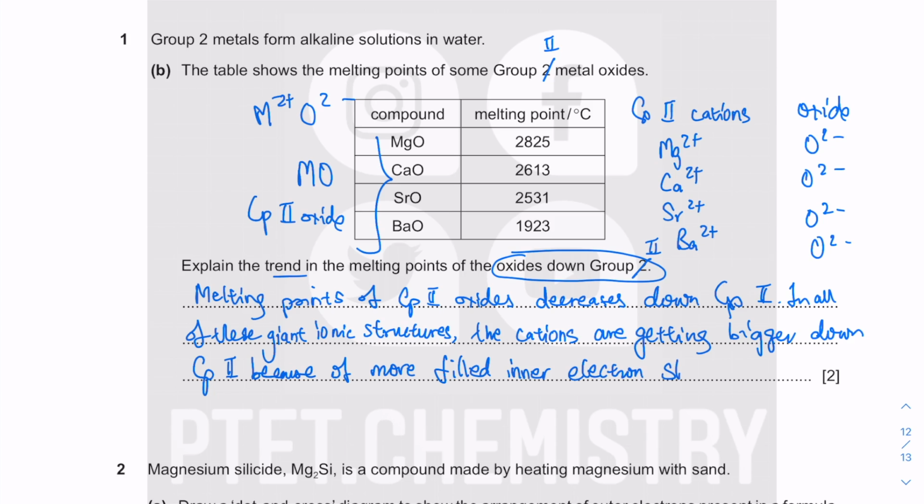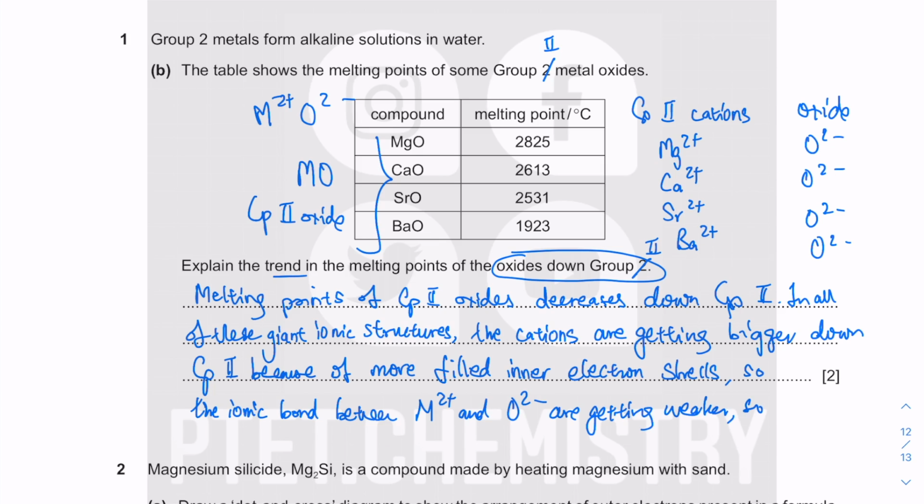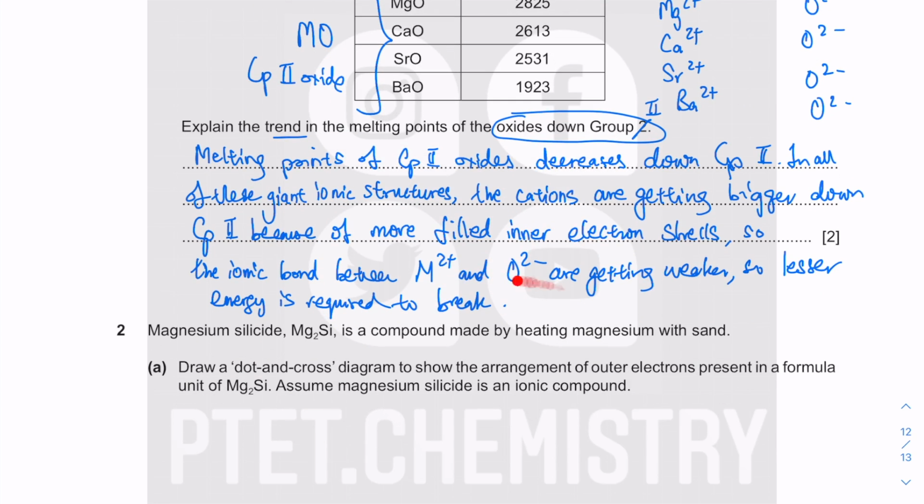You have more and more electron shells as you go down the group, and therefore the cations are getting bigger, so the ionic bond between M2+ and O2- is getting weaker. If it is getting weaker, lesser energy is required to break the ionic bonds between the ions.